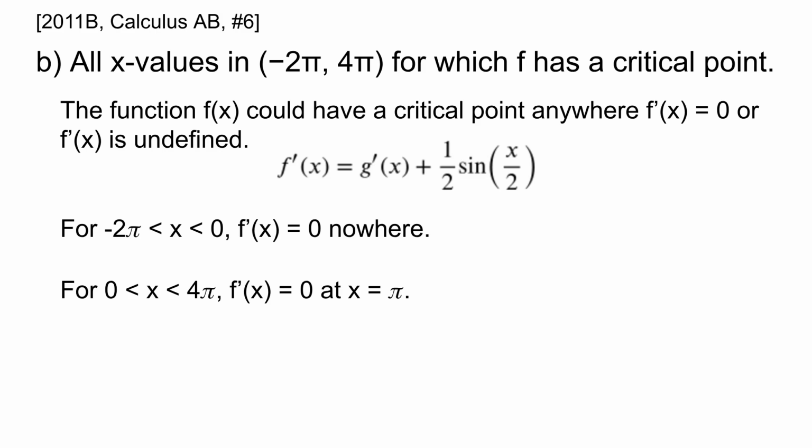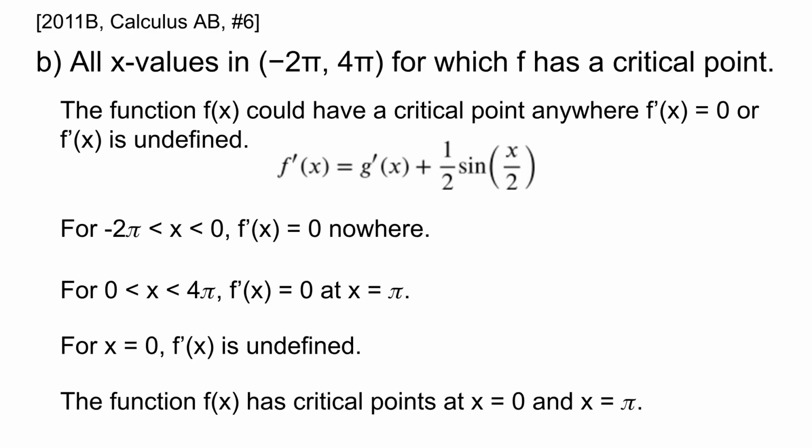On the interval from 0 to 4 pi, f prime of x is going to equal 0 when x is equal to pi. And then specifically looking at x equals 0, f prime of x will be undefined there. From this, we can conclude that the function f of x has critical points at both x equals 0 and x equals pi.